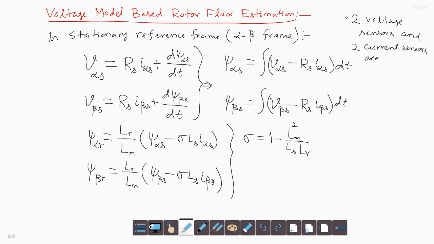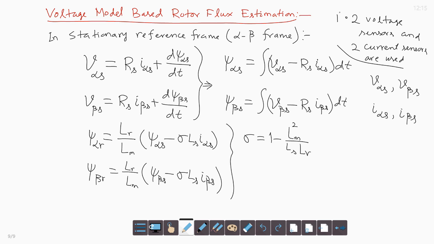From that, using the stationary reference frame transformation, we get V alpha s and V beta s from the voltage sensor data, and from the current sensor data we get I alpha s and I beta s.